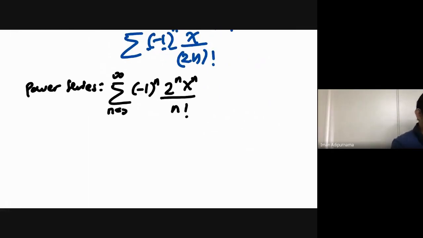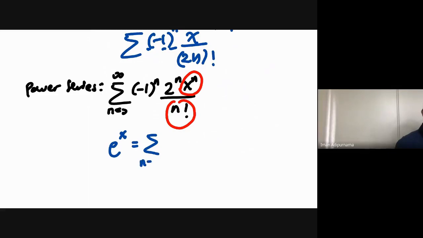Okay, if you see the x with the power of n and n factorial, you will notice that probably it will be related to e to the x, right? Because e to the x is like this formula, the sum.